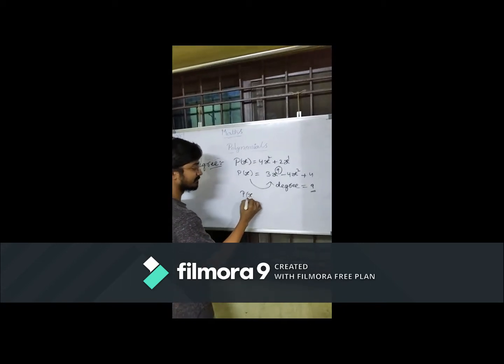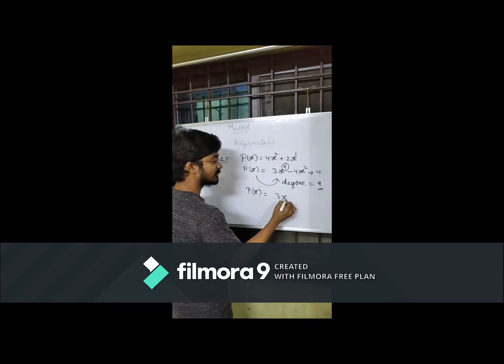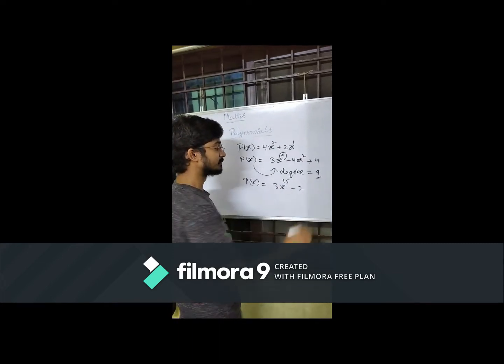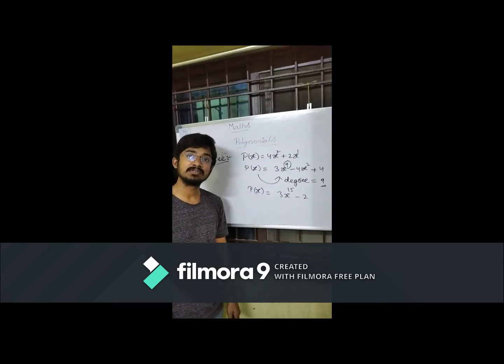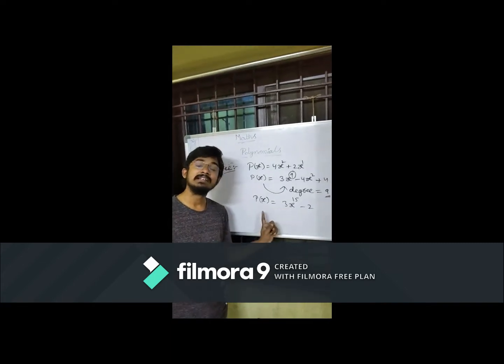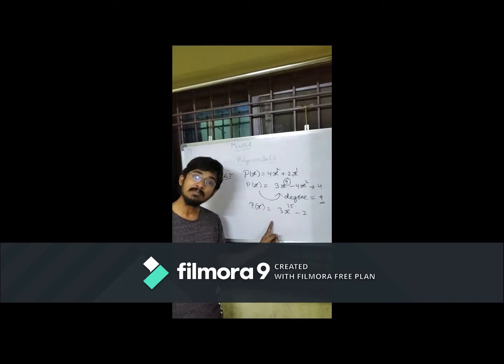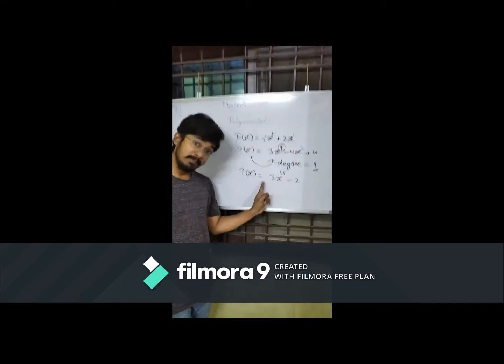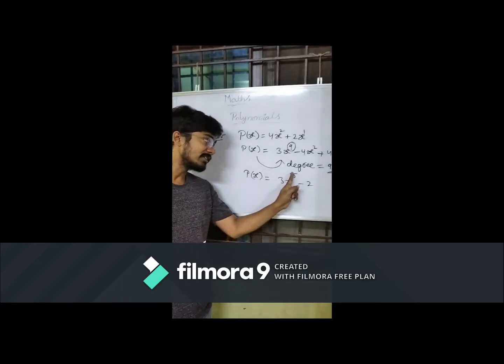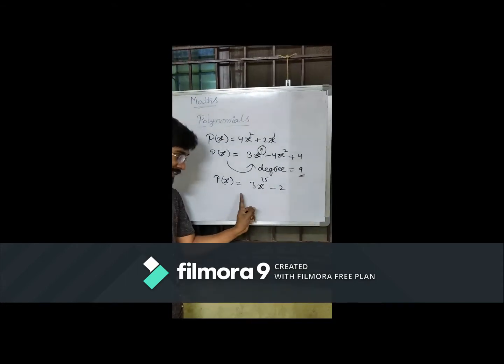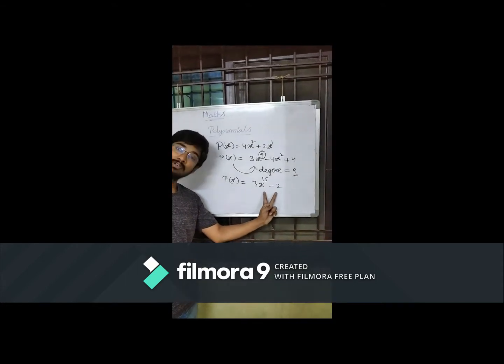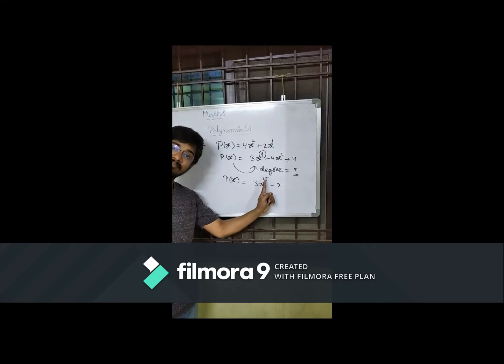Next. P of x equals 3x power 15 minus 2. In this polynomial p of x, find the degree of the polynomial. There are two terms. The first term is 3 into x power 15.